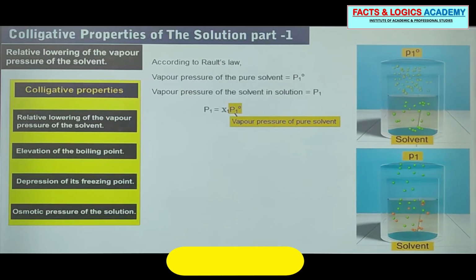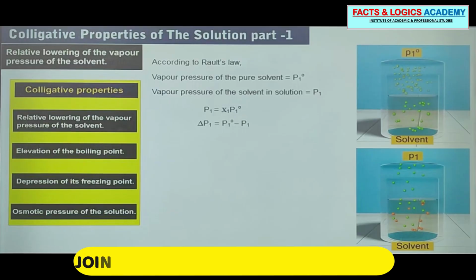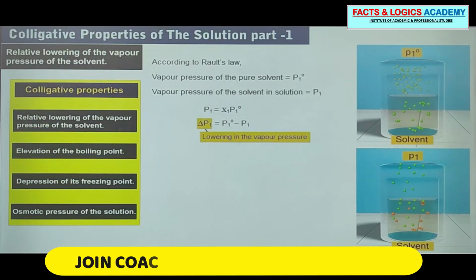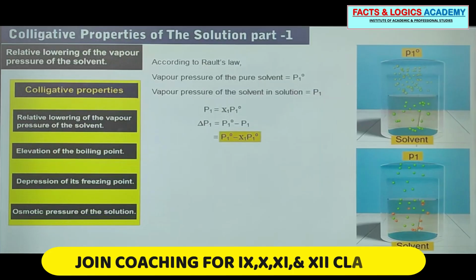The lowering in the vapor pressure of the solvent, delta P1, is equal to the vapor pressure of the pure solvent P1 naught minus the vapor pressure of the solution P1, or P1 naught minus x1 multiplied by P1 naught.